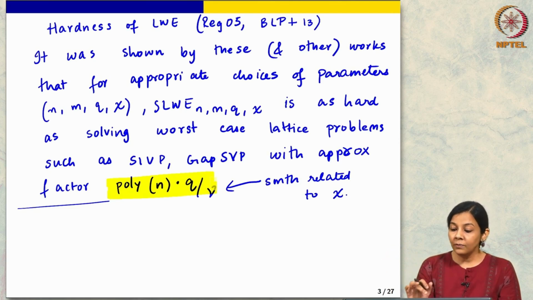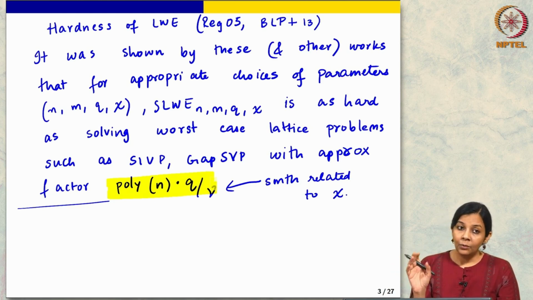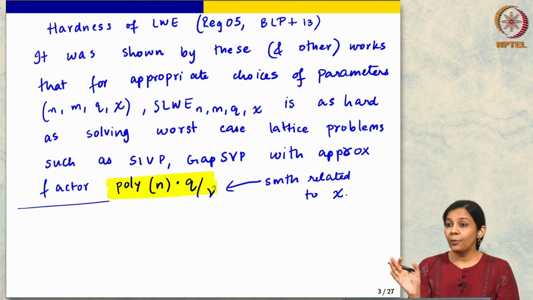So, here we are using the approximate version of these problems, and I should mention that for these approximation factors, these problems are not known to be NP hard. Okay, so really just like with the rest of cryptography, we are conjecturing that these problems for these approximation factors are hard. This is just based on our knowledge of what are the best known algorithms to solve them.